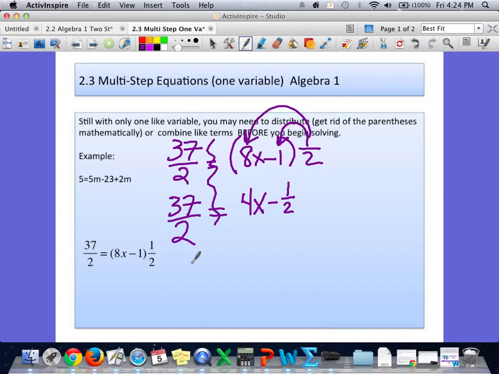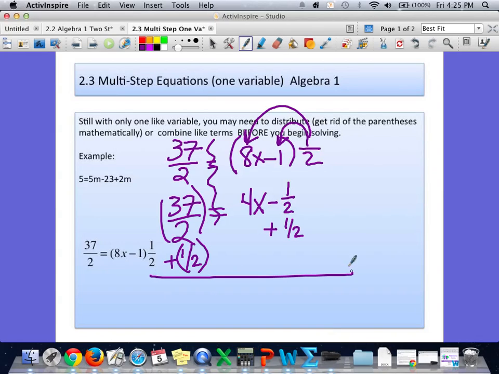All right, so I'm still going to be working with fractions, and we talked about this in class. You must use parentheses. So I'm going to add 1 half to both sides. If you don't use parentheses, you're going to have a lot of problems with this.